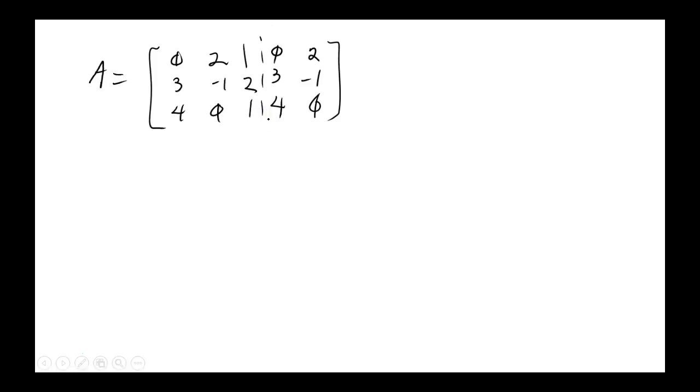Do your upper left to lower right diagonals and get what you got. That's 0. This one, you're multiplying: 2 times 2 is 4, times 4 is 16. And one more, 0. Then do your minus.